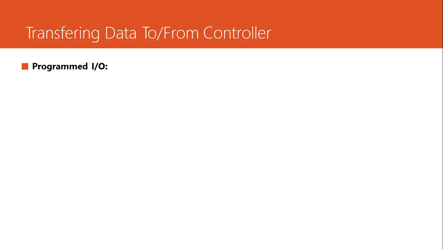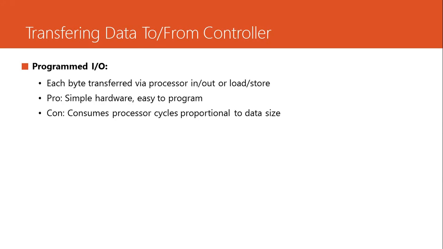Each byte is transferred via the processor in a load store fashion. The advantage of this method is simple hardware and easy programs to access the device. However, that comes at the cost of processor cycles. So it consumes processor cycles proportional to the data size.